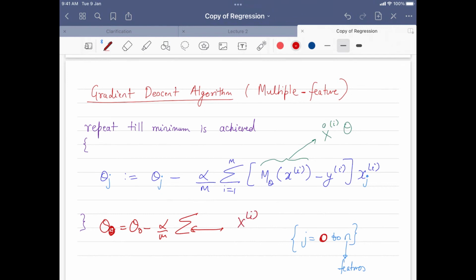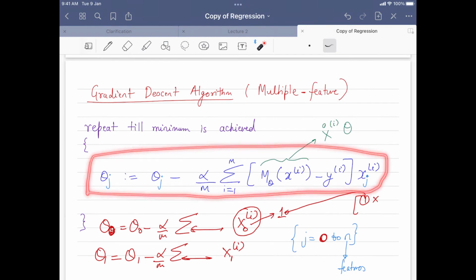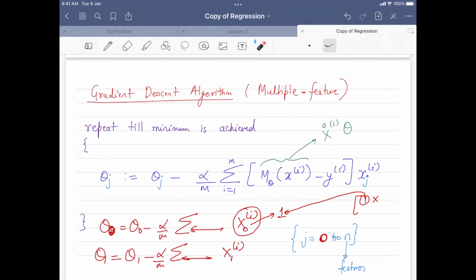Then we had x i j0. So x i j0 was what? x i j0 was 1, because we had this one, right? So this one was this. And if you recall, theta 1 is theta 1 minus alpha by m, and all these expressions, then you had x i 1 here. So I am representing it in a general representation format, which is given over here. So this is the non-vectorized implementation. Please note, it's a non-vectorized representation, but now it's for a general feature j, where j is running from 0 to n.